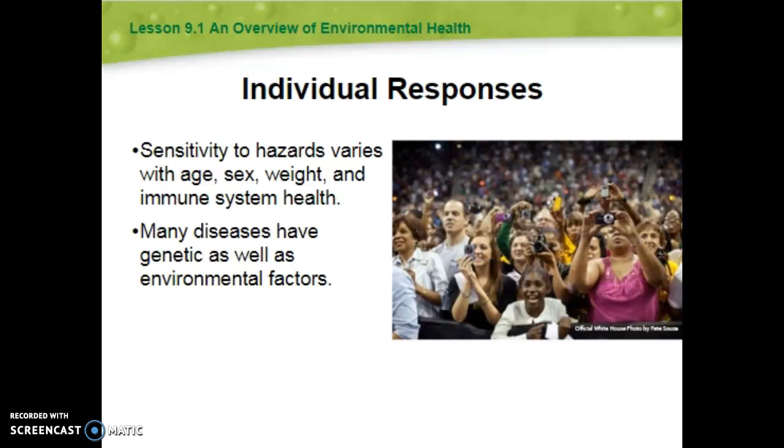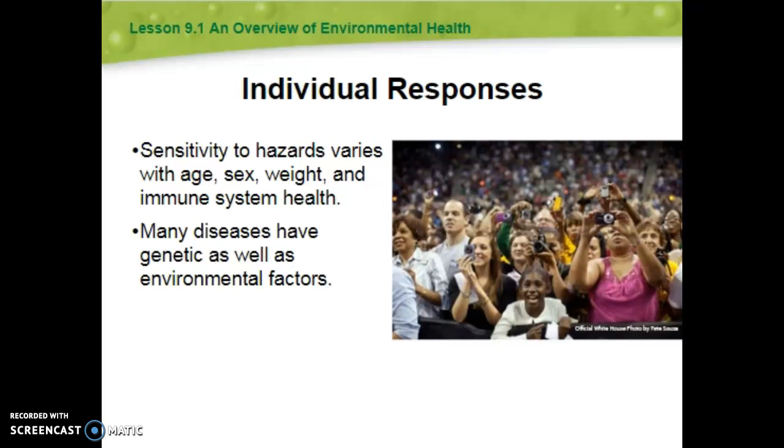Individual responses to different toxins are very different. Right now, I saw a study recently that recommended lowering the blood alcohol content for impaired driving to 0.05 instead of 0.08. That article was all about how different levels of alcohol affect different folks in different ways, based on your age and your gender and your weight and how healthy you are. Those things will affect you differently.